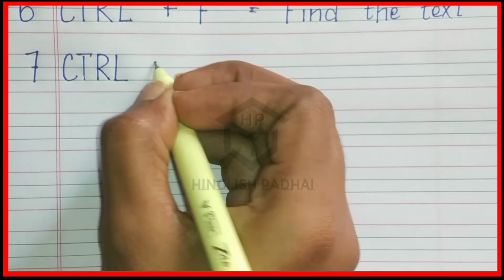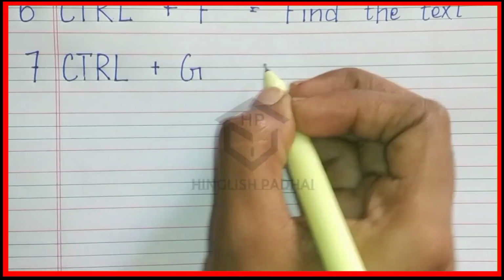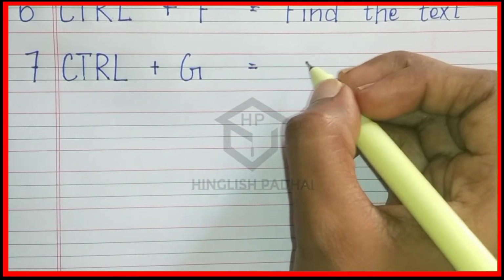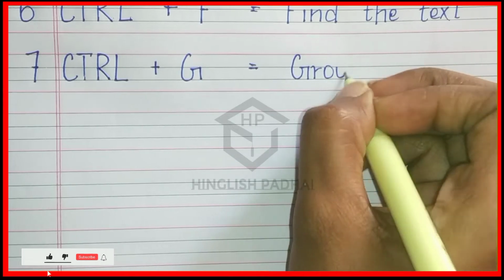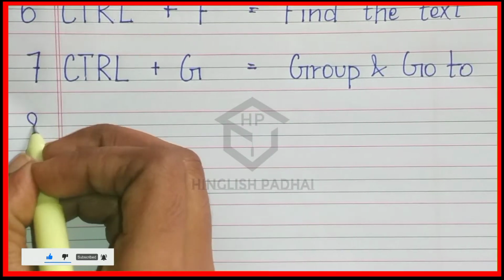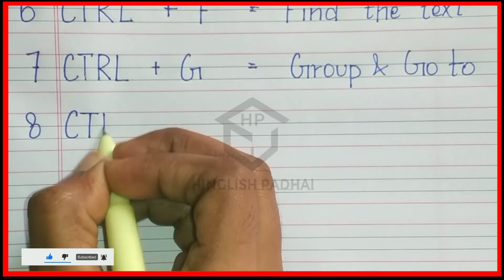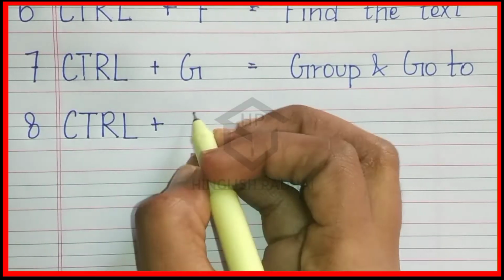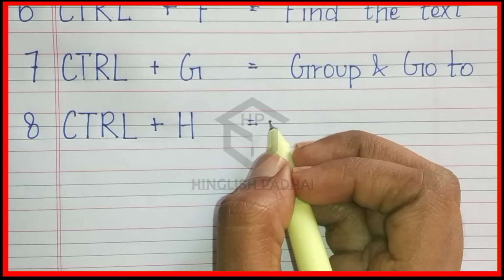Seventh, Ctrl+G is equals to group and go to. Eighth, Ctrl+H is equals to replace.